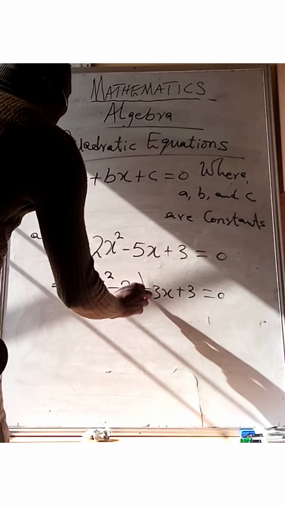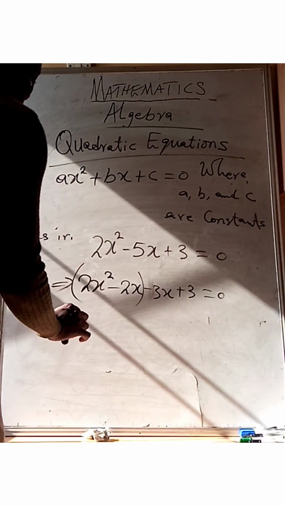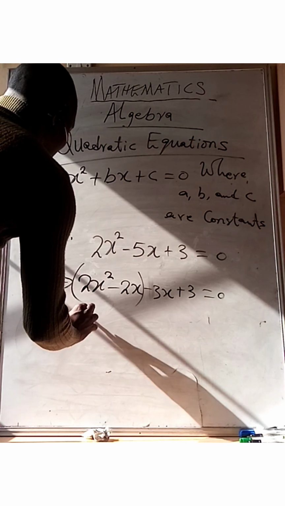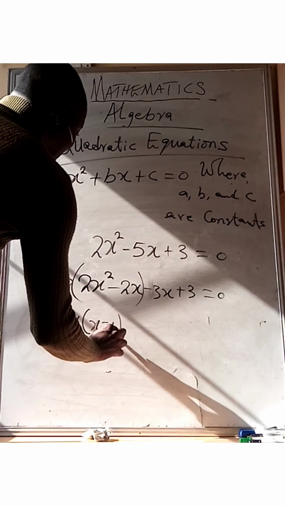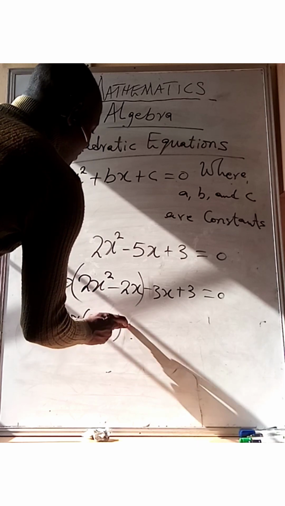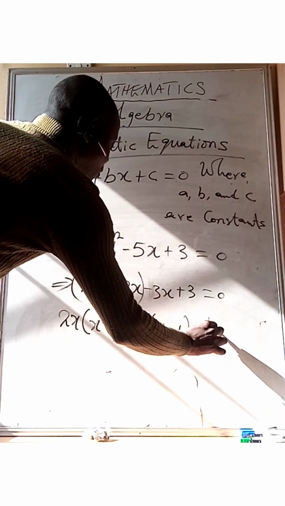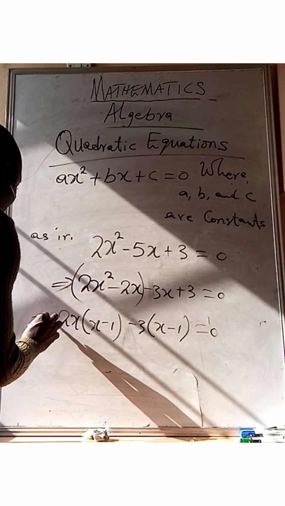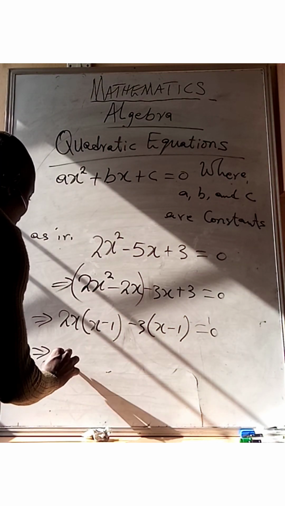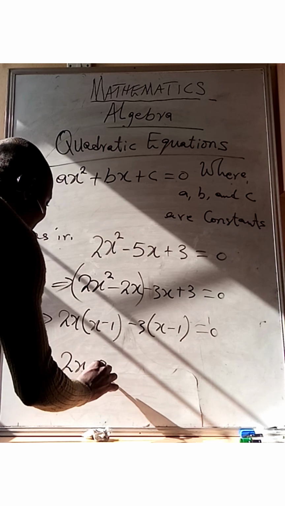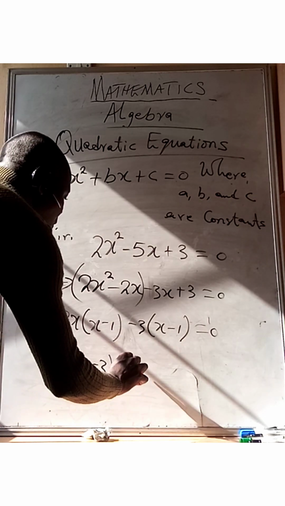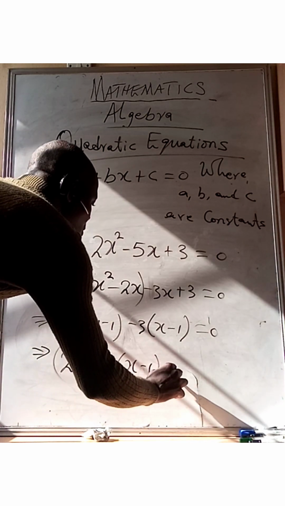So we identify the highest common factor between the first 2 terms, which is 2x into x minus 1, negative 3 into x minus 1 equals 0. So we now have 2x minus 3 into x minus 1 equals 0.